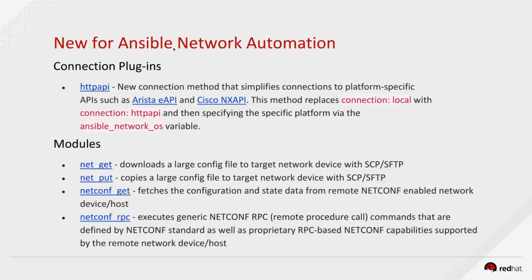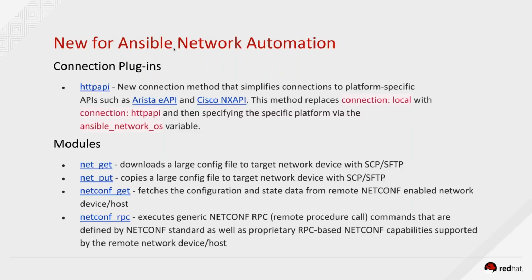So what's new in Ansible Network Automation? We have new connection plugins and modules, and this is for the Ansible 2.6 upstream project. We've added an HTTP API, a new connection method that simplifies connections to platform-specific APIs such as Arista eAPI and Cisco NX-API.